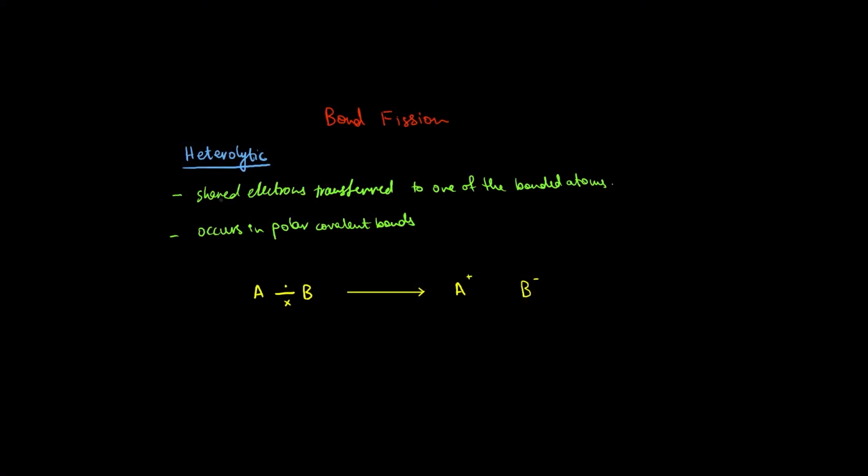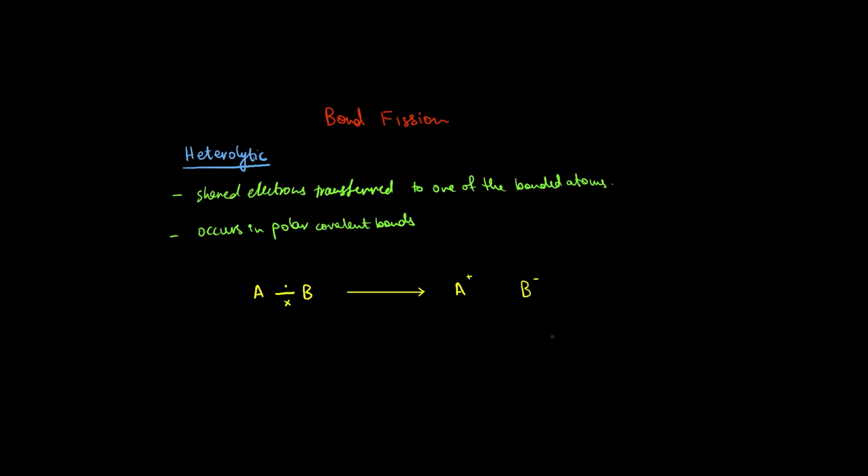Hello everyone. Today in this video we'll be covering the types of bond breaking techniques that lead to reaction mechanisms. We have already studied the different classifications of organic compounds and their chemistry, and that they follow a certain reaction mechanism.